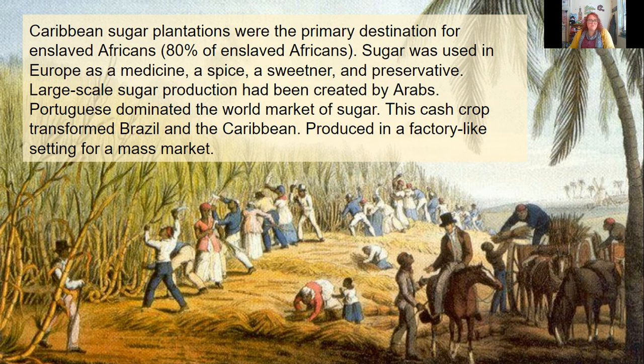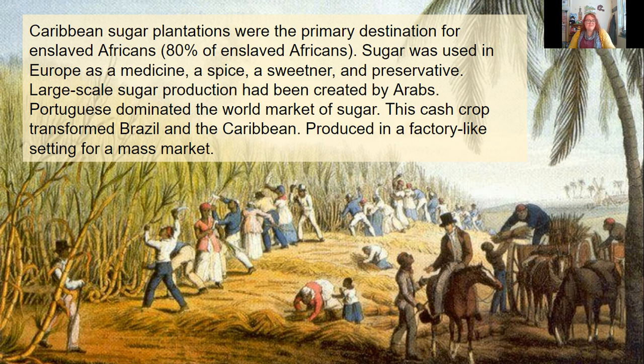So with the establishment of the Caribbean sugar plantations, this was the primary destination for enslaved Africans. Sugar was used as a form of medicine, spice, it was a sweetener, it was a preservative. And so the European colonies established these massive, large-scale sugar production operations.